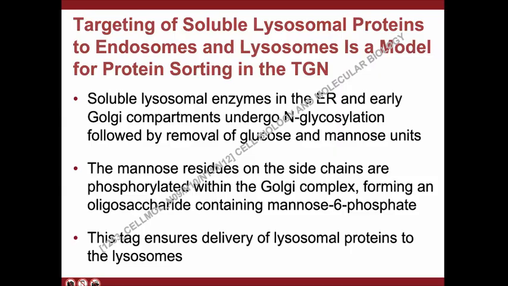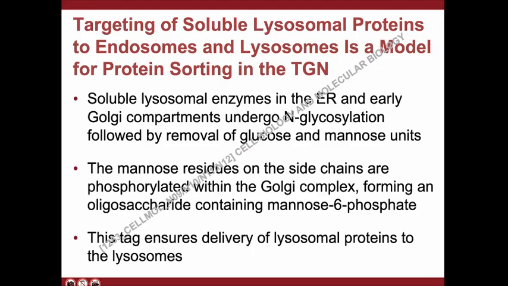And during their journey through the ER and early compartments of your Golgi apparatus, you have soluble lysosomal enzymes, the glycoproteins that undergo glycosylation, for example, followed by the removal of glucose and mannose units.